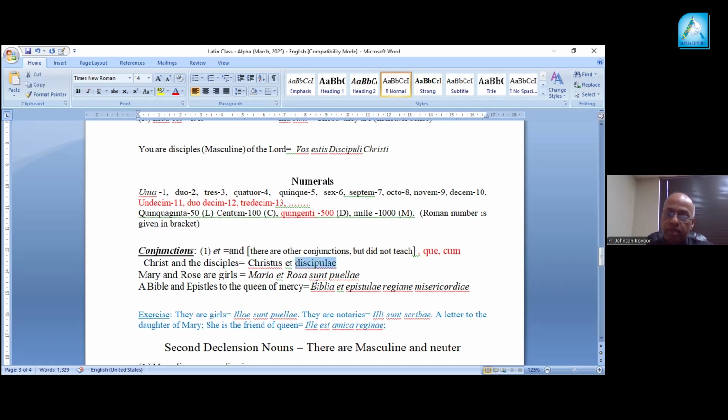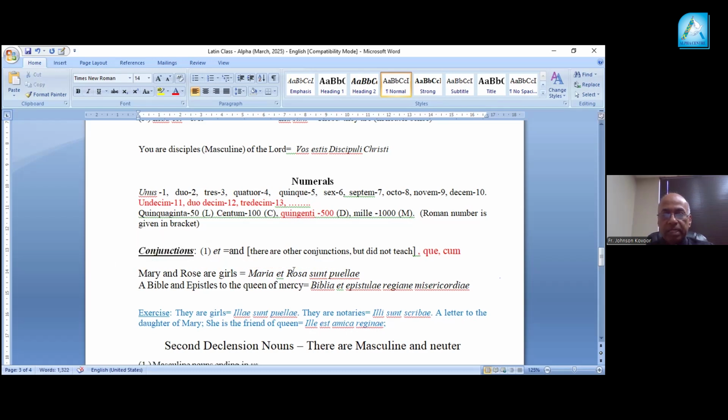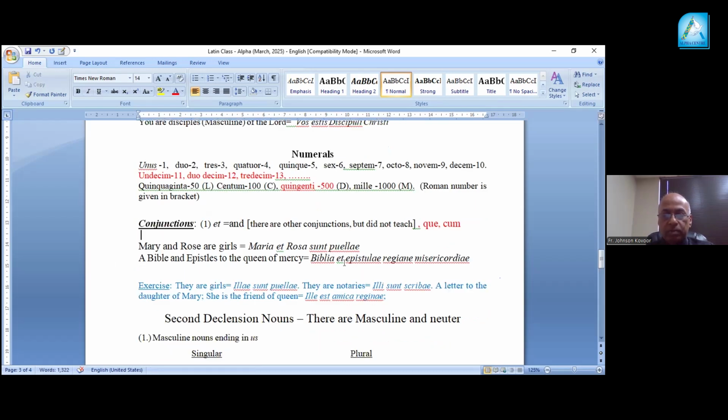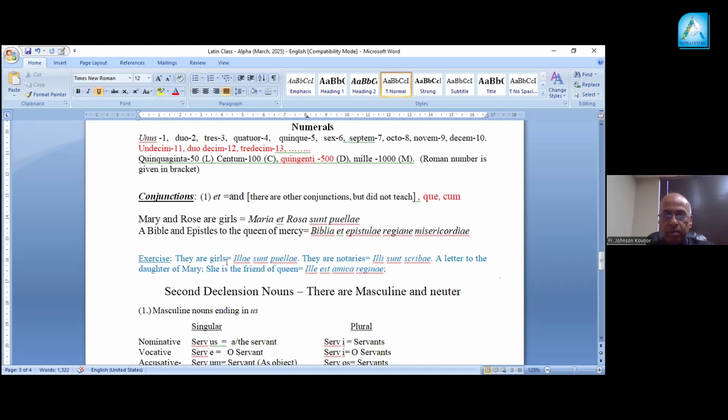Likewise, discipula becomes discipulae, or discipulus becomes discipuli. Masculine disciple: Christ and disciples. That conjunction is easy to use. Or Bible and epistles: Biblia et epistolae, Bible and epistles.